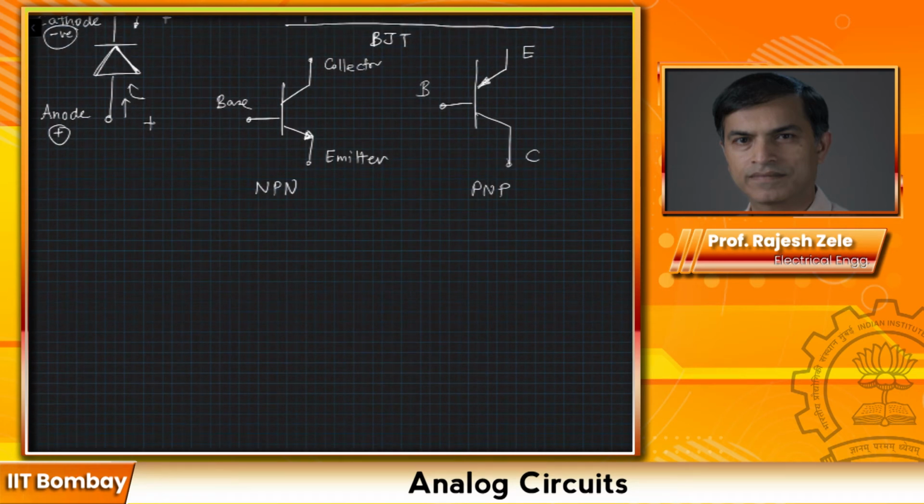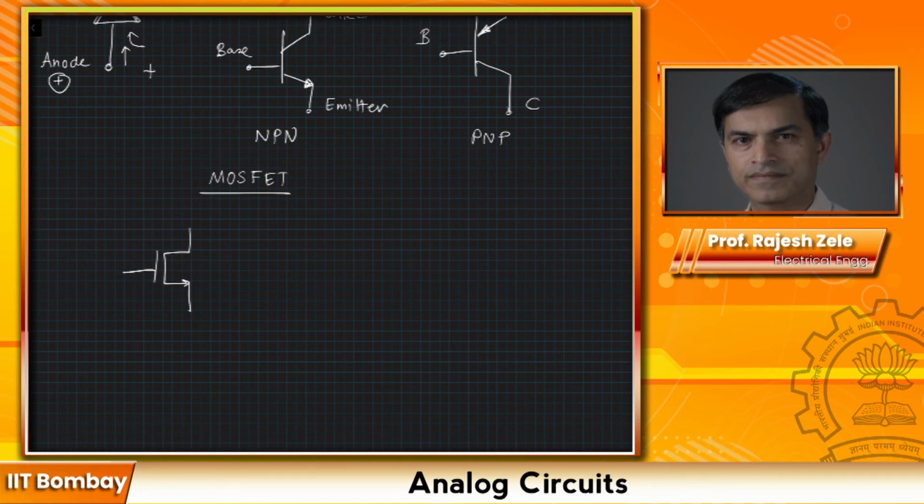The next transistor, the most popular transistor that you will get to play with, is called the metal oxide semiconductor transistor, or MOSFET. The symbol for the MOSFET transistor is as follows. This one is called an NMOS transistor or NMOSFET, and wherever you have an arrow, that particular terminal is called source.